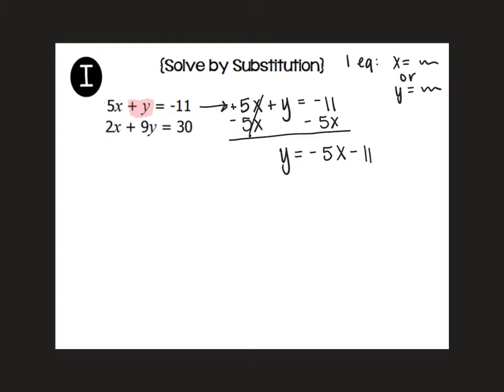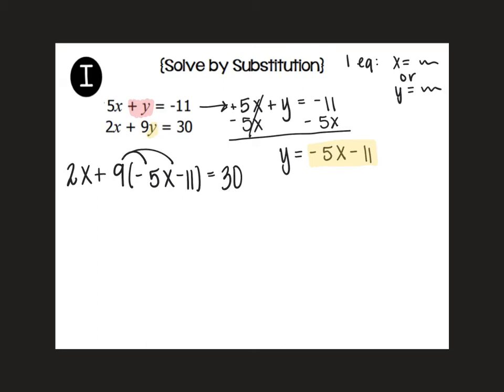So now I have these two equations, and I'm going to use those for substitution. So I'm going to take this negative 5x minus 11, and I'm going to plug it into the second equation for y. Remember, when you plug in, it's really important to put them in parentheses, so I'm going to rewrite 2x plus 9. Instead of writing y, I'm putting negative 5x minus 11 in parentheses.